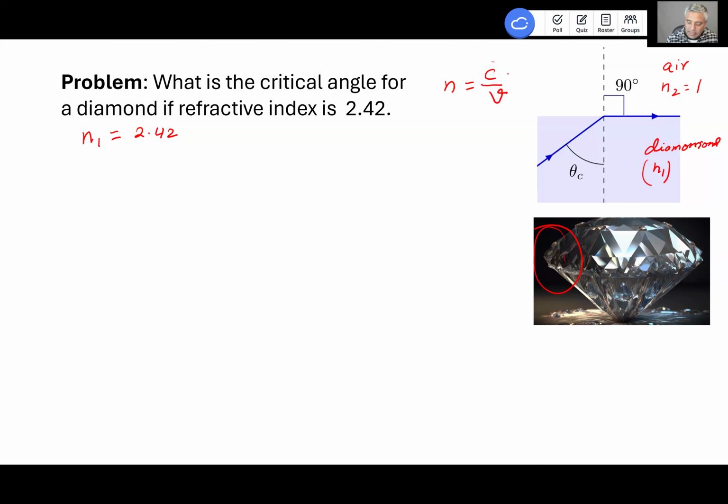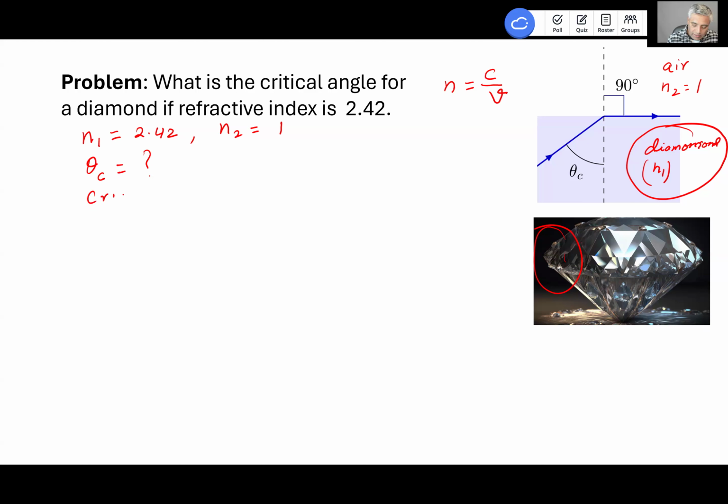So vacuum and air, the speed of light is about the same. So we can treat air as a vacuum for the speed of light. So that is on the diamond side, I am saying N1, and the air side, I am saying that is 1. And we are given that refractive index, and we are asked to calculate what is the critical angle.